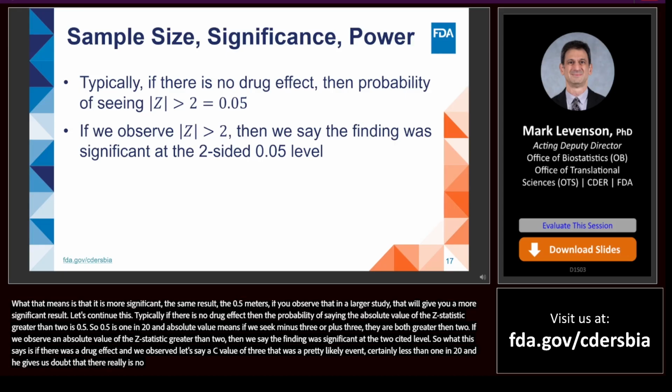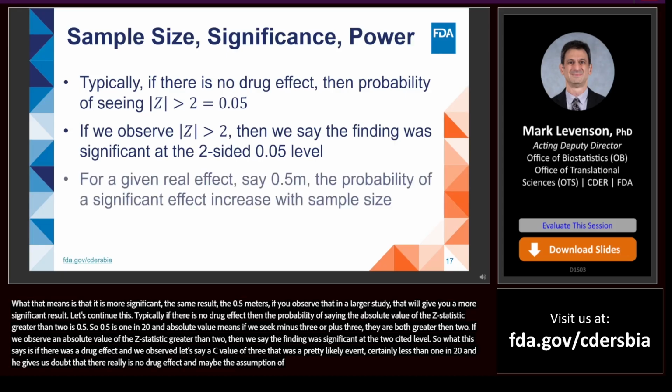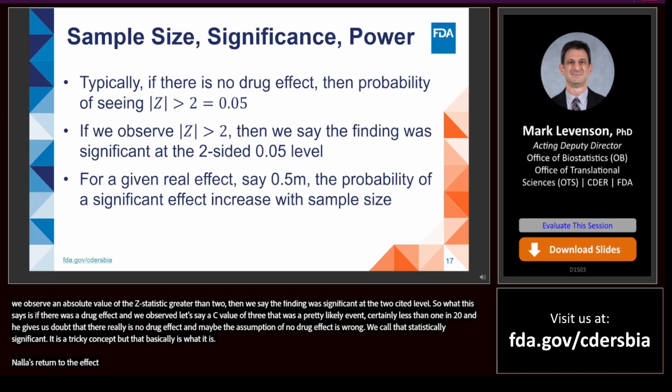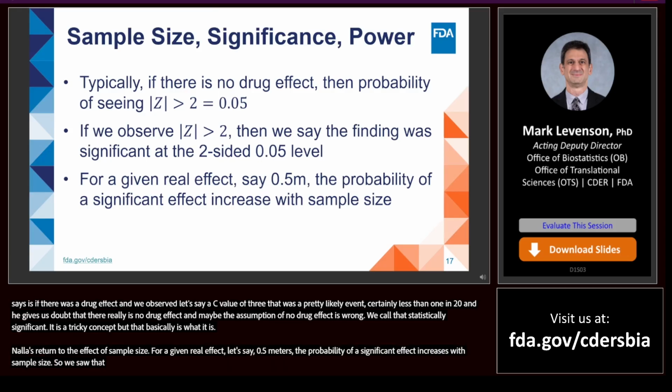Now let's return to the effect of sample size. For a given real effect, say 0.5 meters, the probability of a significant effect increases with sample size. So we saw that on the last slide. If the effect is 0.5 from a larger study with more sample size, it will have a smaller p-value, more significant than the same effect from a small study.